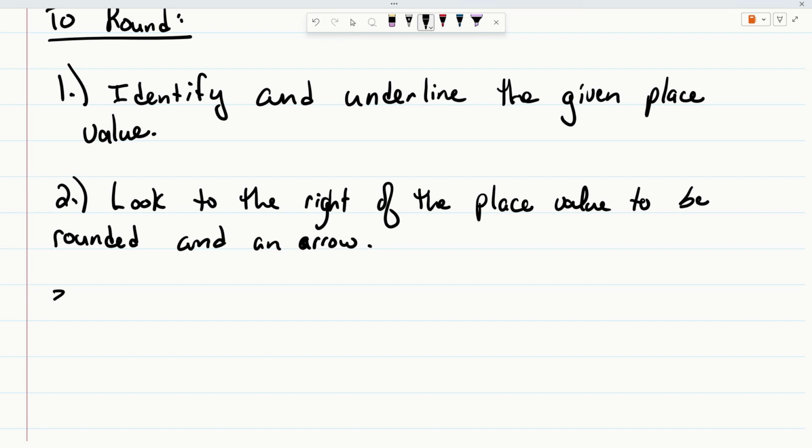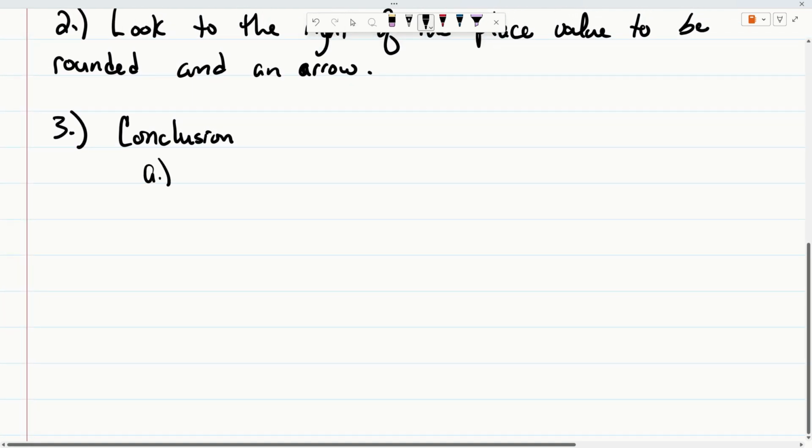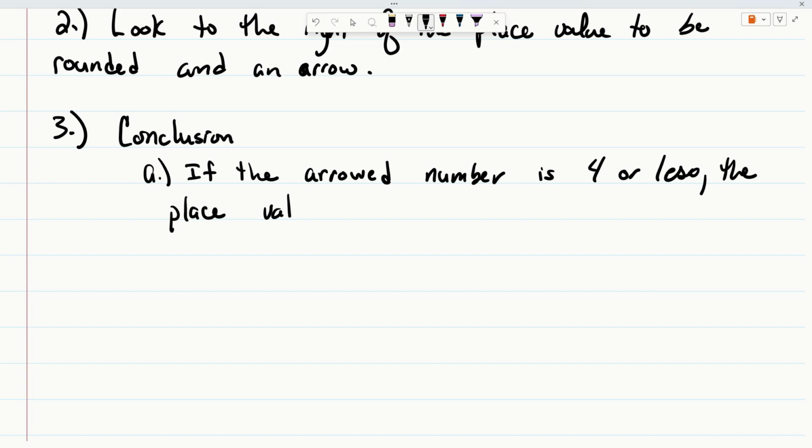And then the third is our conclusion. This is where we're going to actually round. And there are two options for this. Option A. If the arrowed number, that's why I like to put an arrow underneath it, is 4 or less, the place value remains the same.